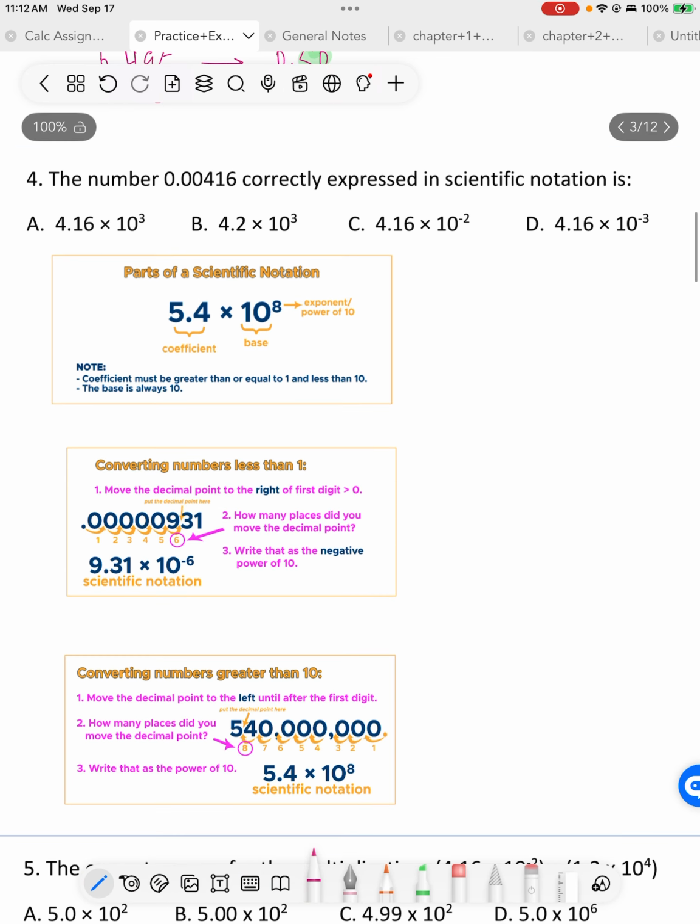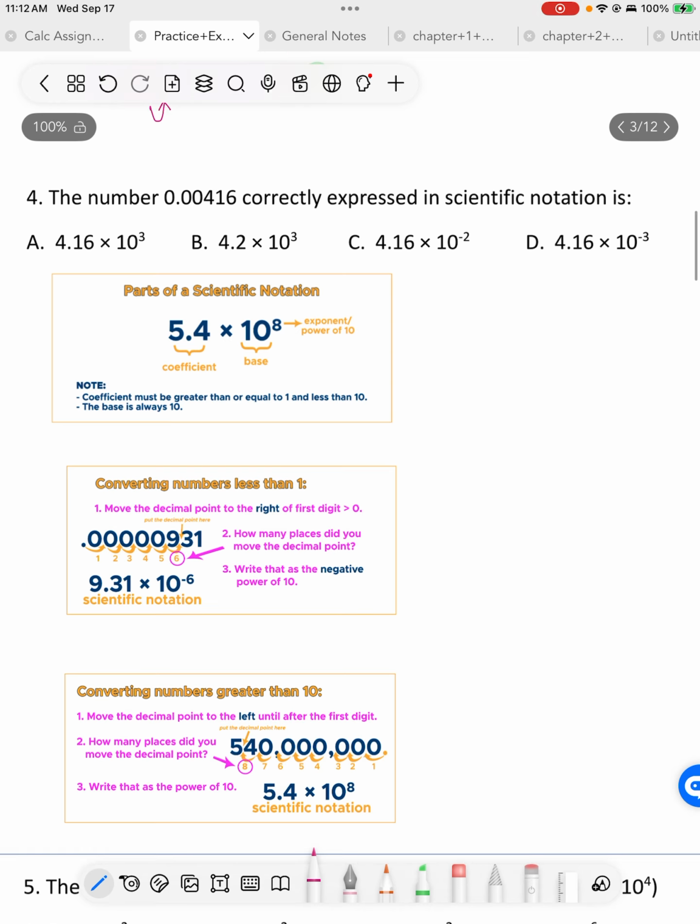All right, here I put a couple of visuals to help remind you how we write scientific notation, and we'll do a quick refresher here. The main number is called a coefficient, and it has to be less than 10. So you can't write 54.0 times 10 to the 7th.